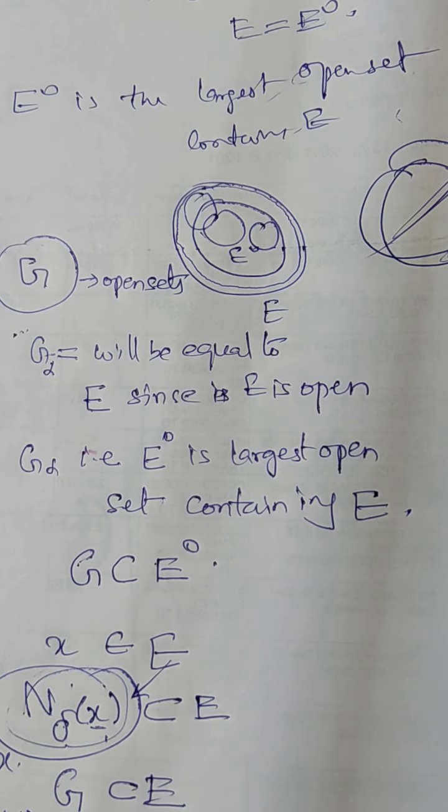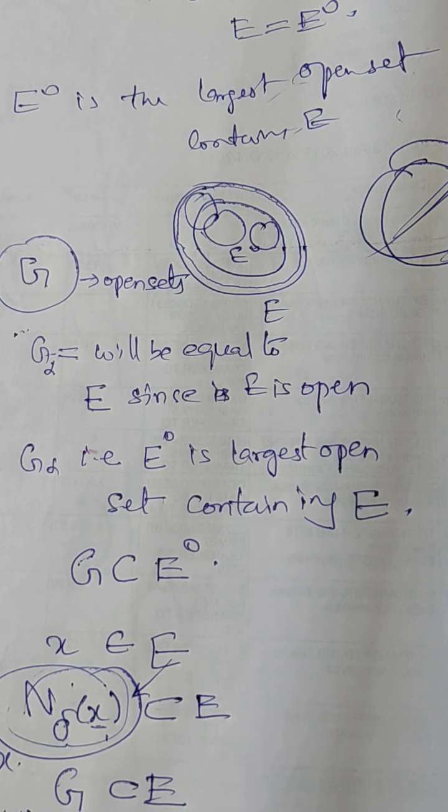By this we can conclude that all these interior points of E are contained in an open set G, which is a subset of E interior. So we conclude that E interior is the largest open set contained in E.